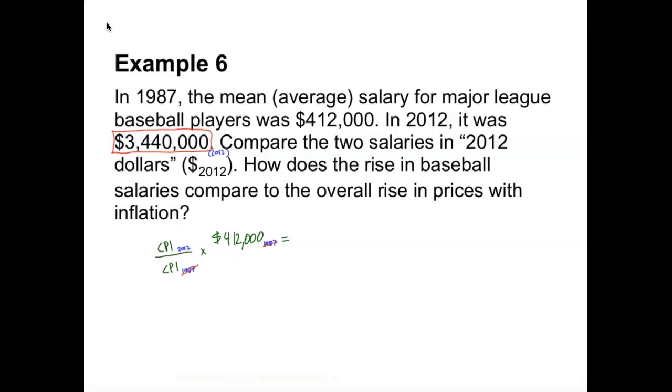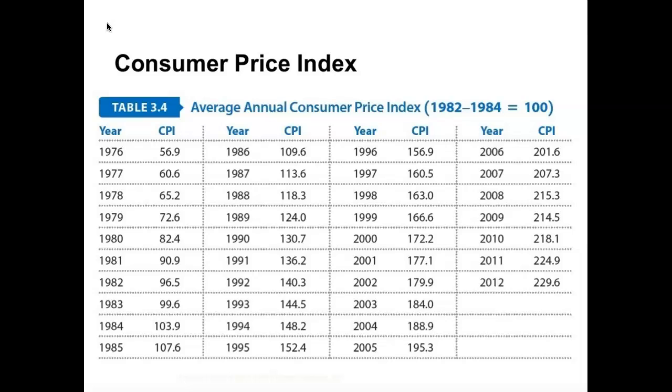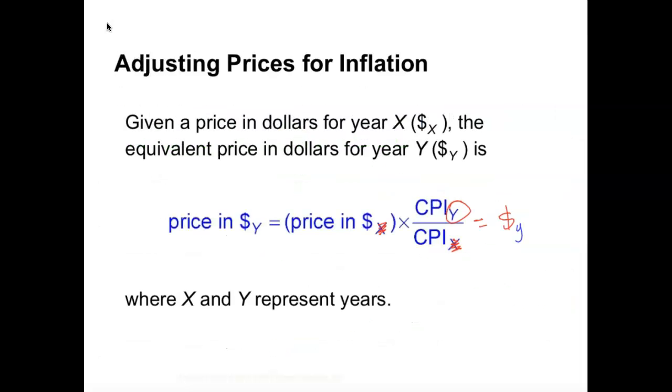All right, well, first I need to look up those CPIs. So all right, 2012 was 229.6, 87 was 113.6.